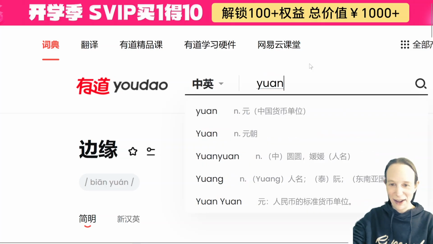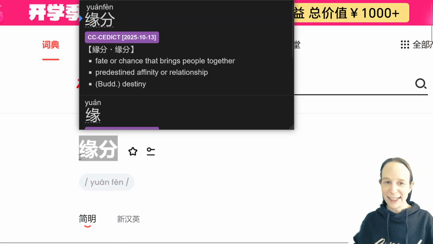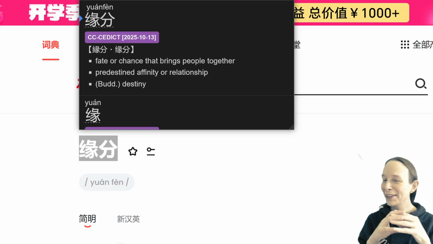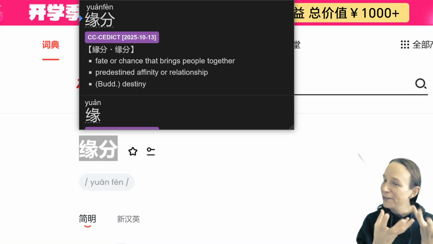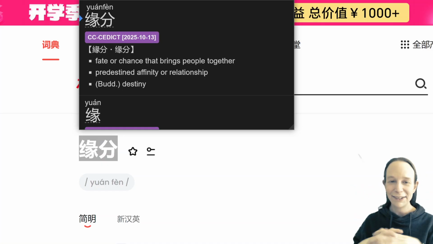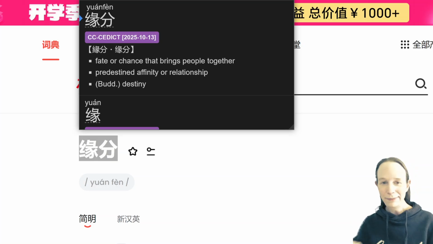There's another one, 缘分, which is fate. It's usually used in a romantic context. If a boy and a girl like each other very much and they have 缘分, some sort of nebulous concept, then they will get married and so on.